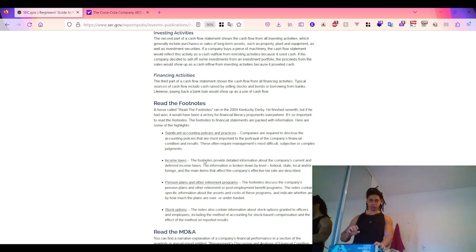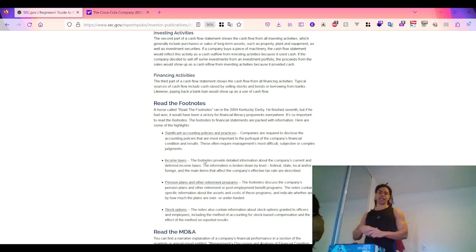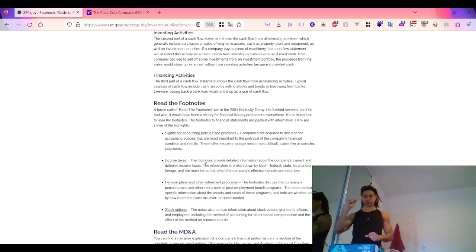pension and any other post-retirement programs, the cost of these programs, as well as how well they are funded, if they are over or underfunded, and stock options, which are financial instruments that allow the owner the right but not the obligation to purchase an asset at a given upfront price.